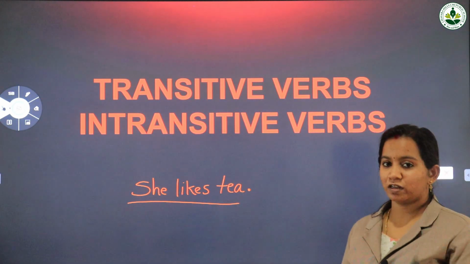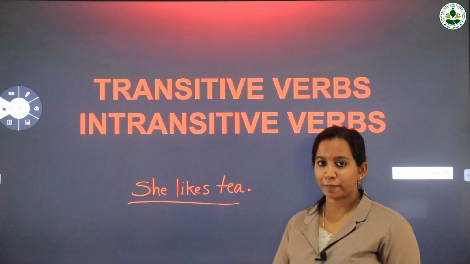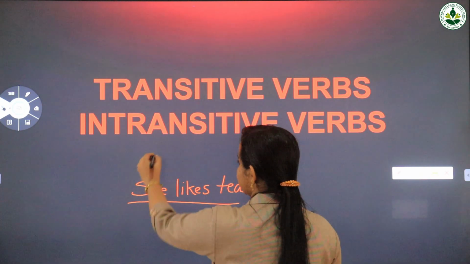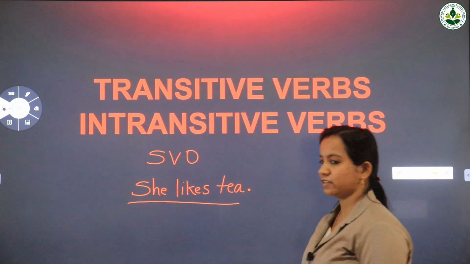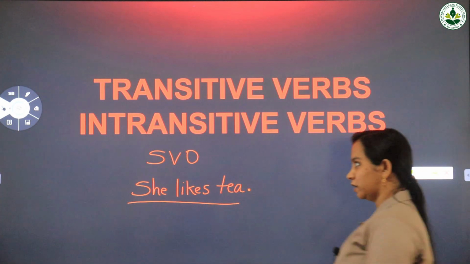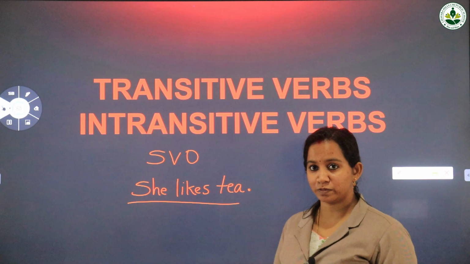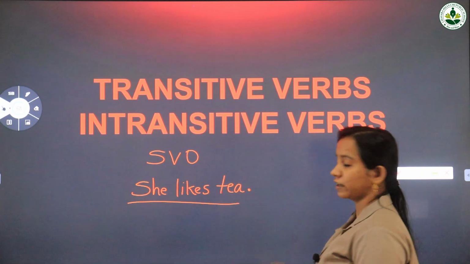And now every sentence in English do have a pattern. So it will be like the pattern is called as SVO pattern. So what is this S? S is subject, V is verb and O is object. So this is the pattern for English sentence.